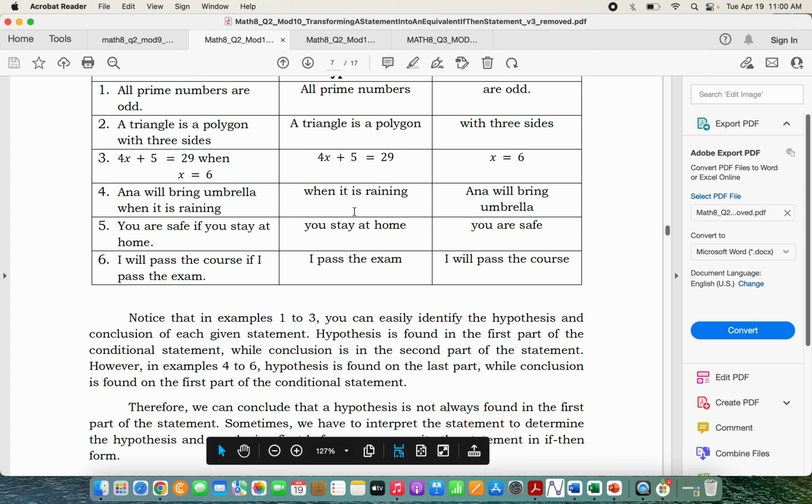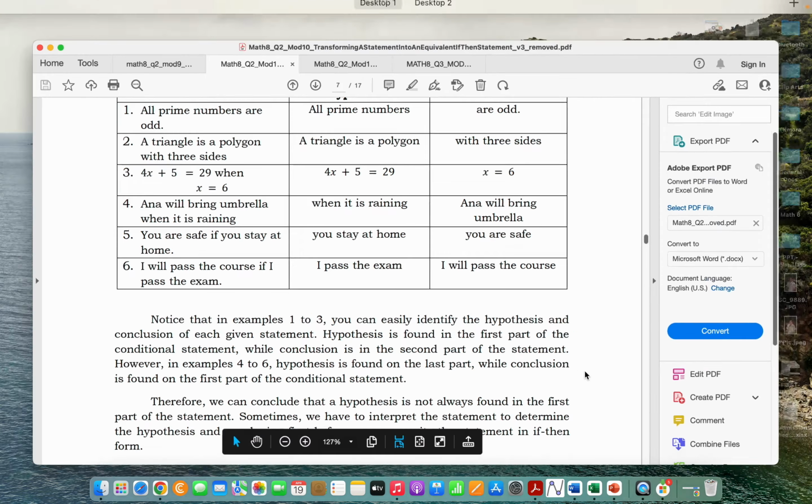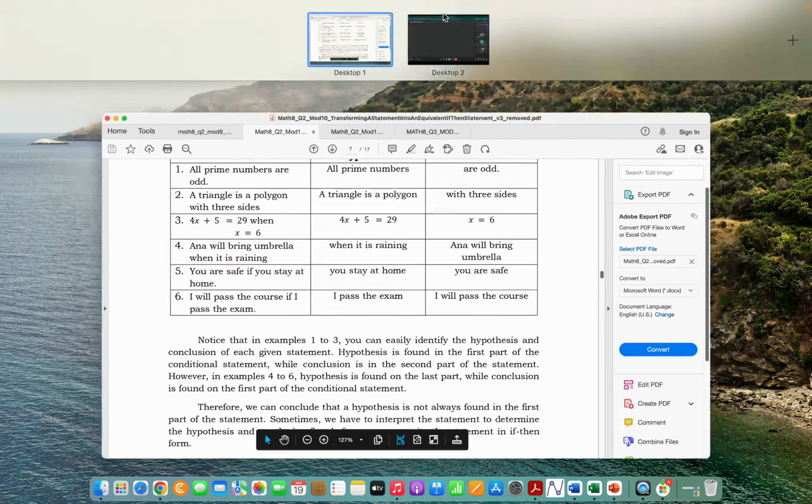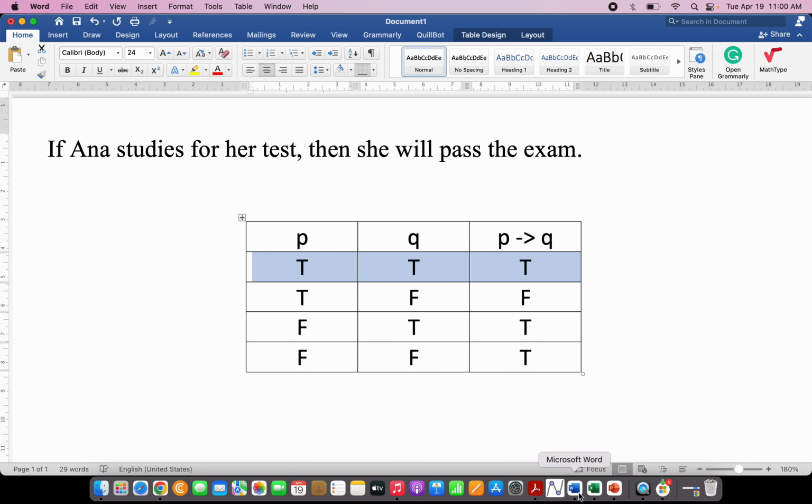Paano po to, sir, sa answer sheet? Paano po to, yung conditional, contra... Okay.